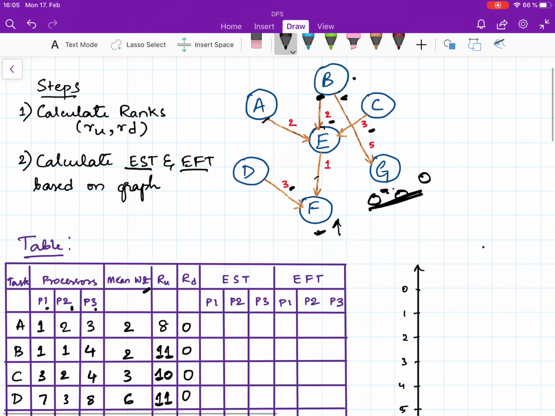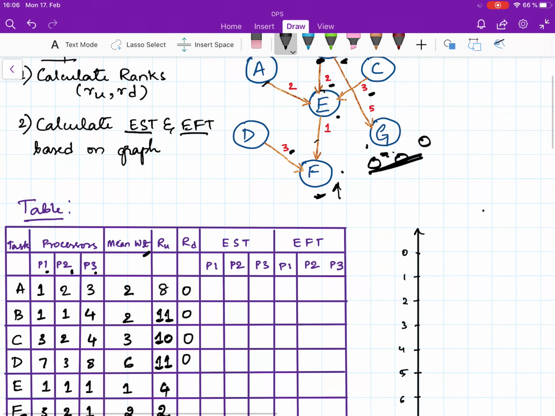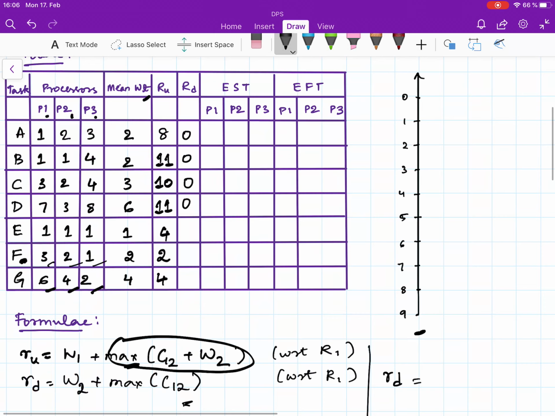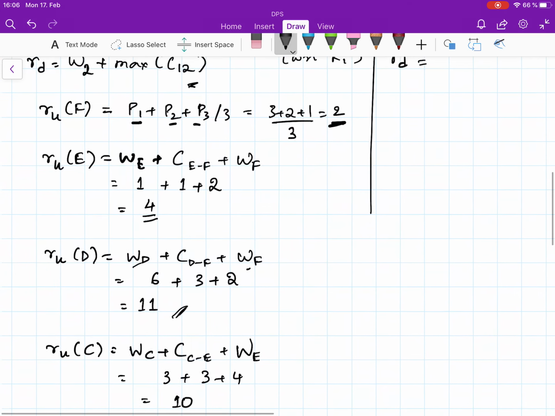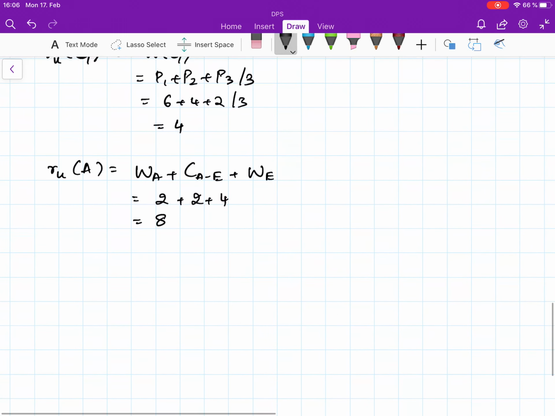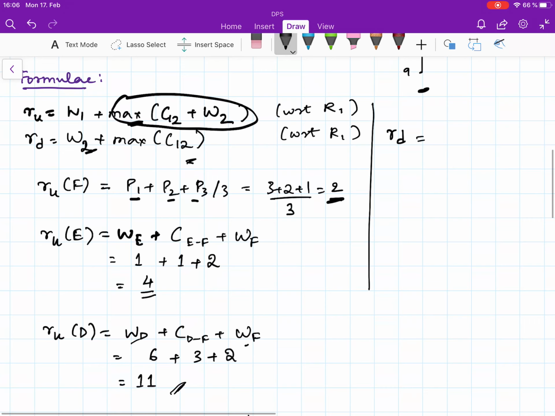But for E, F, and G, as you can see, they have dependency on some other nodes, so we have to do it with respect to them. All right, we'll start with RD of G. So what does the formula say again? It says you add the weight of the other node which it is dependent on, and take the communication cost.